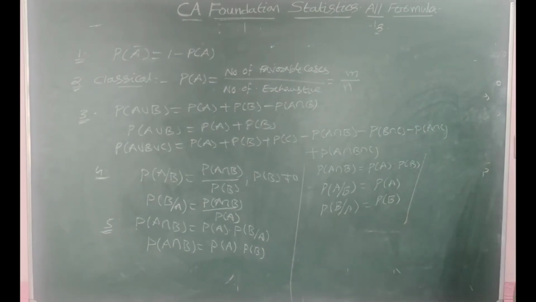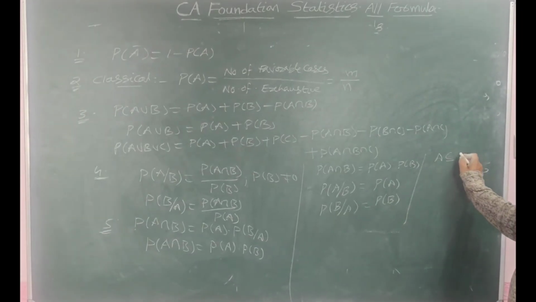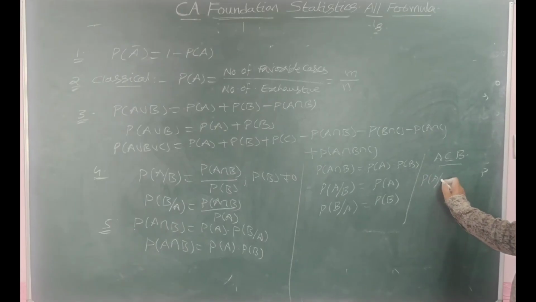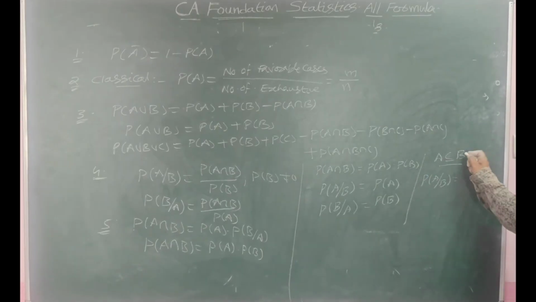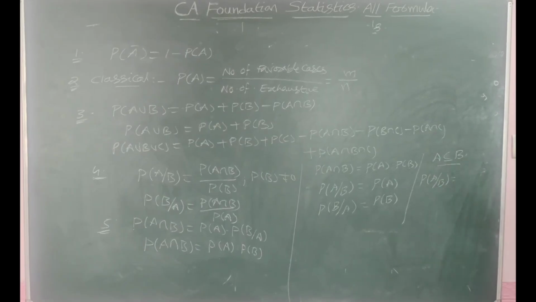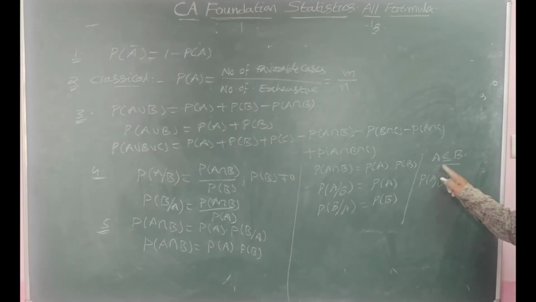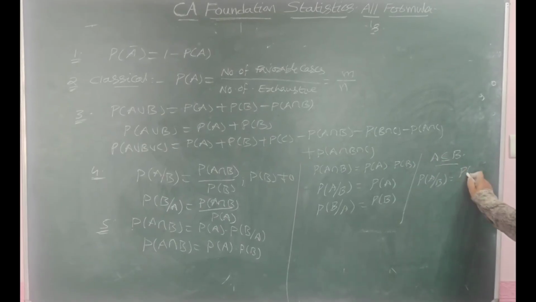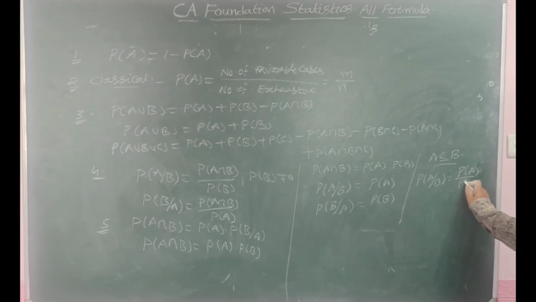And similarly, if A is a subset of B, what will be the P(A|B) formula? If A is a subset of B, clearly A ∩ B is nothing but A. So P(A ∩ B) will become P(A). So P(A|B) is P(A) by P(B).